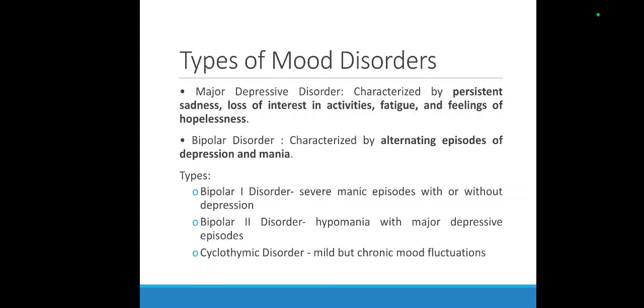Bipolar 2 has hypomania, not the extreme happiness state, but with major depressive episodes. While cyclothymic disorder is a mild but chronic mood fluctuation. So up and down ang kanyang moods, or mood swings.